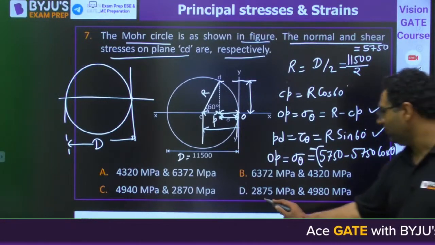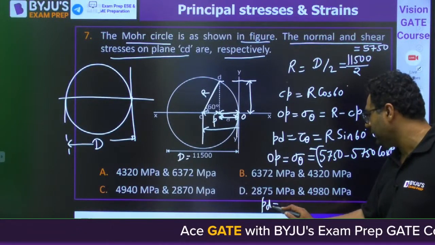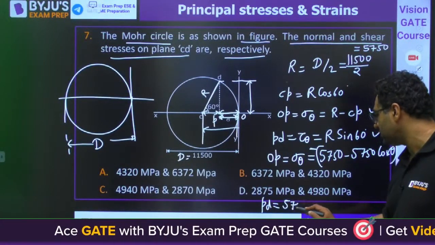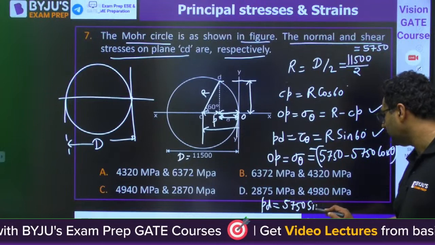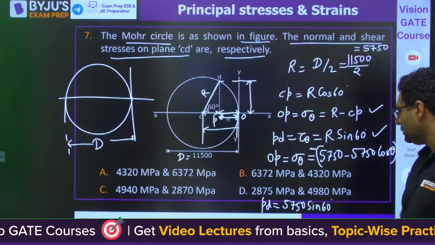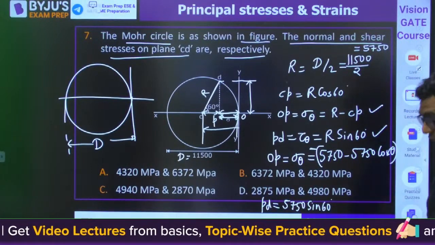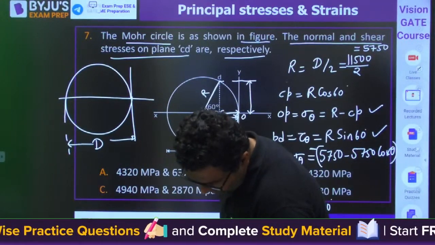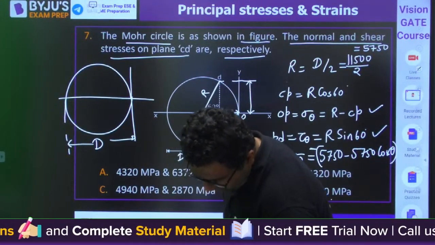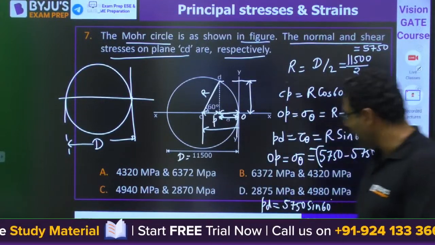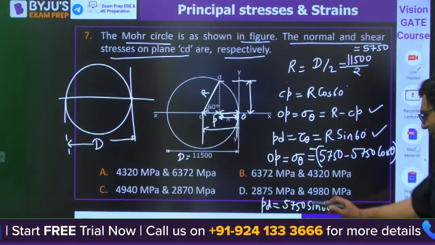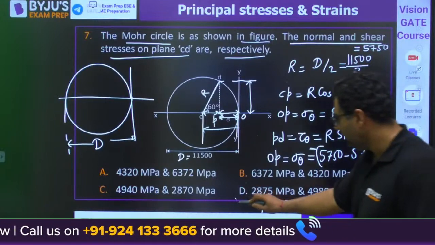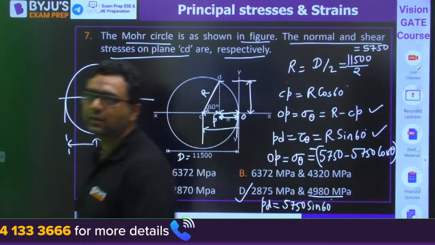For the vertical component PD, it is simply 5750 sin 60. So you will get the answer to be 49802875. D is the right answer for this.